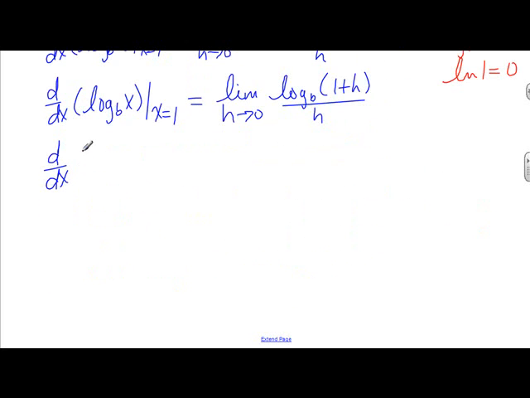Now my job here is to evaluate this limit we've got. Instead of dividing by h, I'm going to think about multiplying by 1 over h.